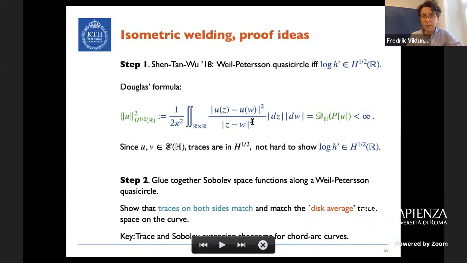So this part is not so hard. It requires slightly more work to show that this phi that we get from this transformation law actually is an element of the Dirichlet class for the whole plane.